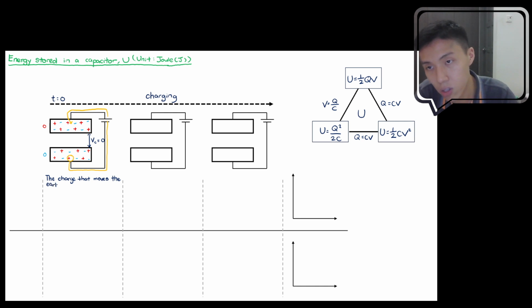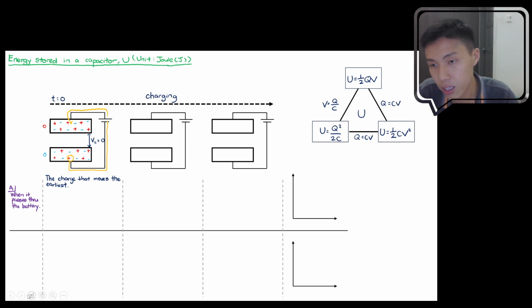Okay, so there are two kinds of energy change that I'm going to study regarding this particular charge that moved the earliest. The first thing I'm going to study is what is the energy change when it passes through the battery. When the positive charge passes through the battery, what is the energy change to the positive charge?